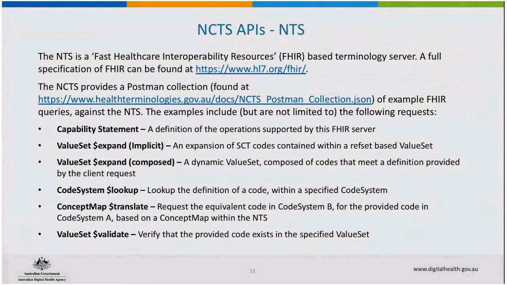Additionally, the lookup provides a list of synonyms and their language designation. It returns the fully specified name for a concept. It also returns the list of parent concepts, the effective time of that concept, and more. Again, the Postman collection on the NCTS website provides an example query to help guide your implementation.